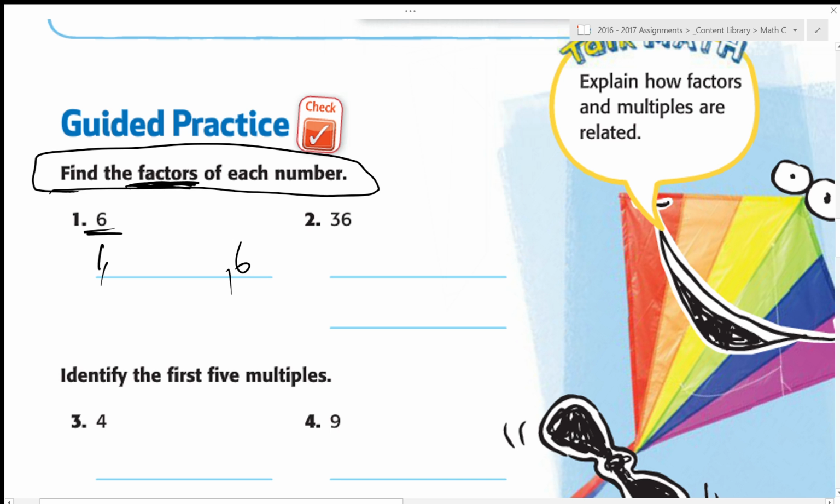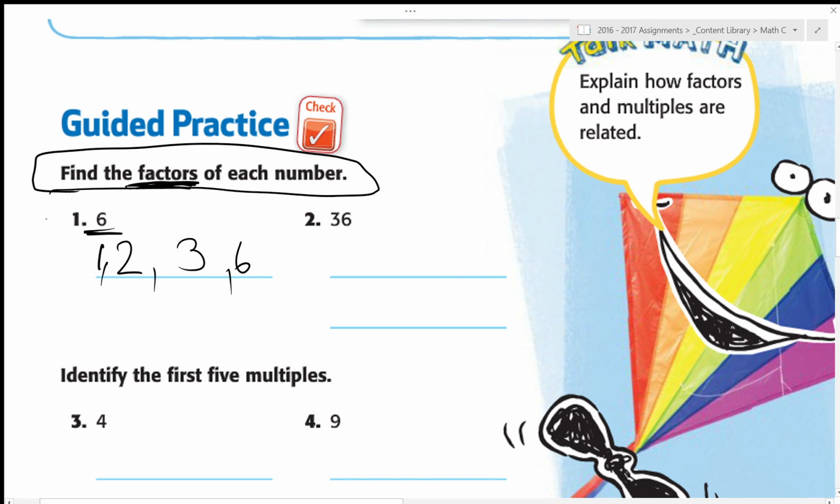Now, what are some other ways we can get 6? 6 is an even number, so one thing I know about even numbers, I can always divide them by 2 and get half of what they are. Now, that doesn't work with odd numbers, but we'll try one of those out later. In fact, we'll get a chance to do that at another time, but these are our factors.